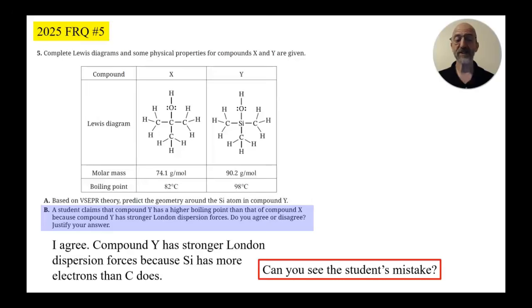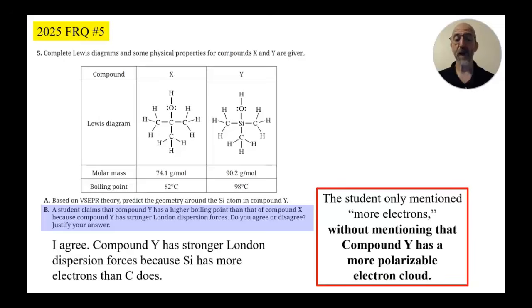So this question is checking to see if you understand how London dispersion forces between molecules work. So the problem is that the student only mentioned more electrons, but they didn't mention that this compound Y has a more polarizable electron cloud. So more electrons was not a sufficient justification with respect to London dispersion forces.